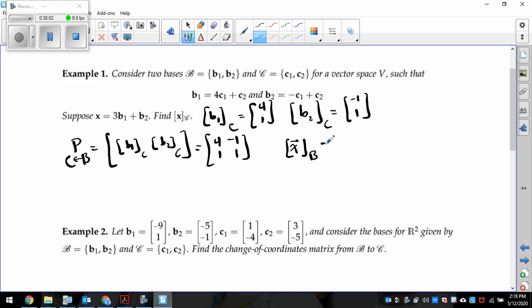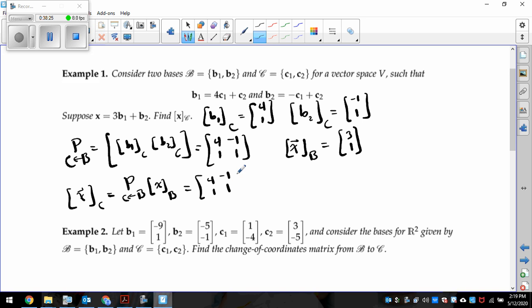Its B coordinates are going to be 3, 1. And now x's C coordinates, which is what we were looking for, is going to be this matrix P going from B to C, multiplied by the B coordinates of x, which is 4, 1, negative 1, 1, multiplied by 3, 1.